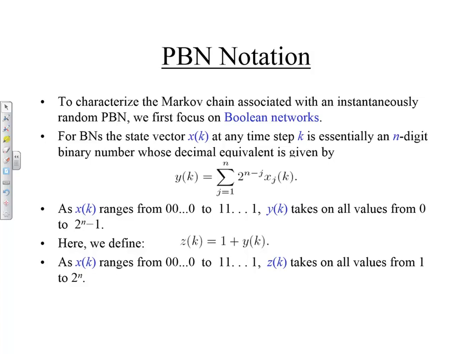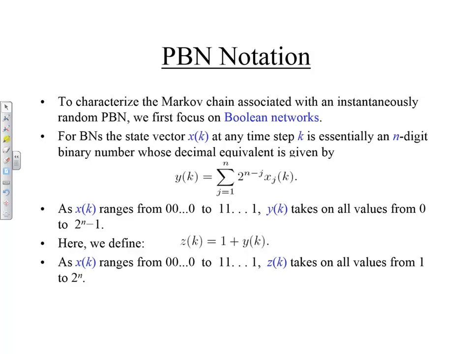Now, if you look at a Boolean network with n genes, then the state vector at time step k is basically an n-digit binary number, and you can get its decimal equivalent just by using this formula. If the state vector is a binary number of length n, you are going to have these expression patterns, all zeros all the way up to all ones. There will be 2 to the power of n of them.